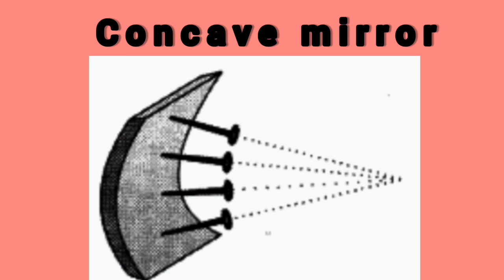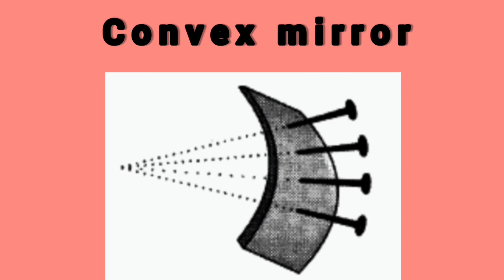What is the center of curvature? In a concave mirror, all normals will converge to a point. This point is called the center of curvature of the mirror.